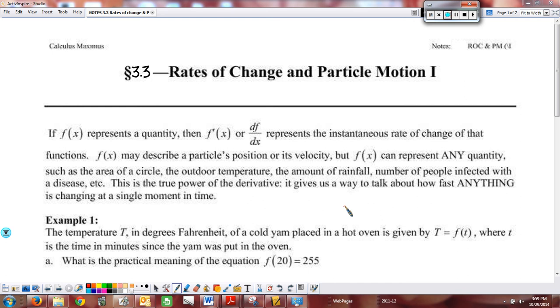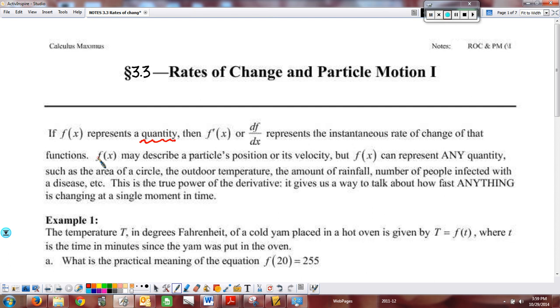Now, the first idea here is that you have to remember that your function represents a quantity. It may be the amount of something, it may be a position function, it may give you a height at a certain time, it may give you an amount that you have at a certain time. You use the function to find points at a certain time, which is usually what applications are dealing with.